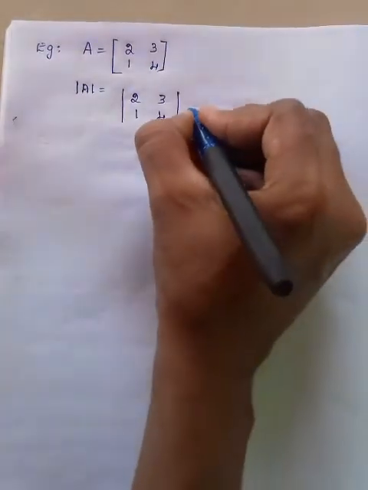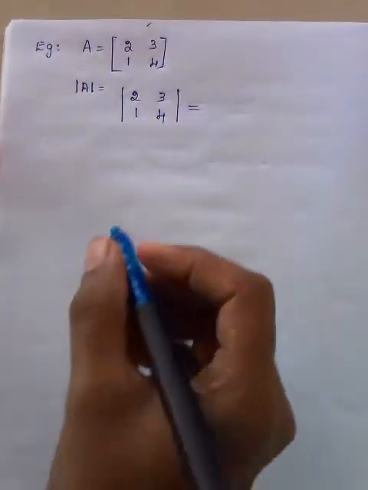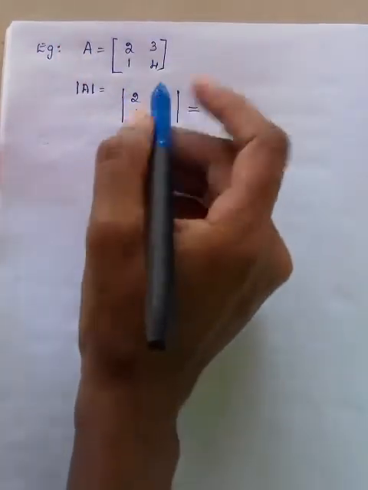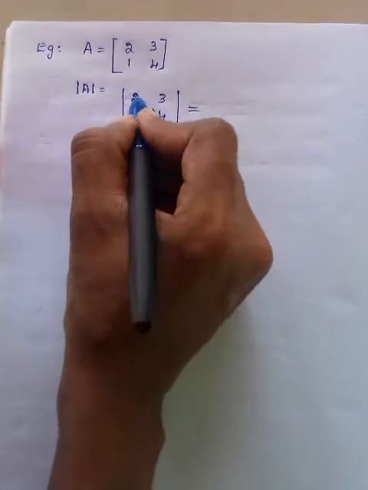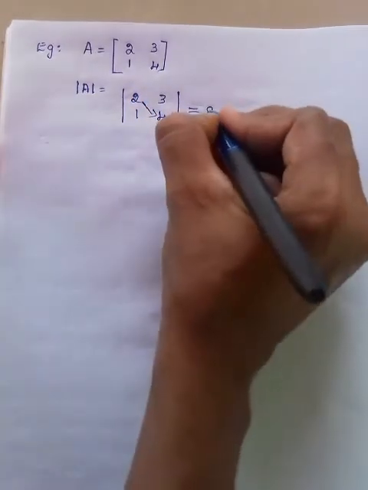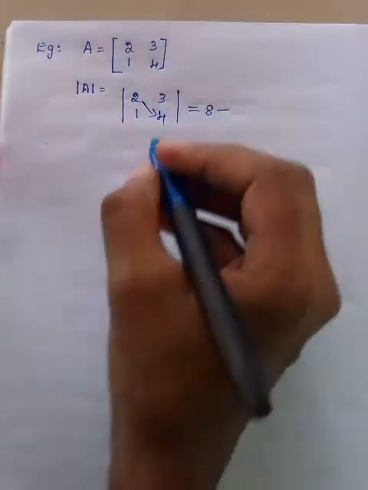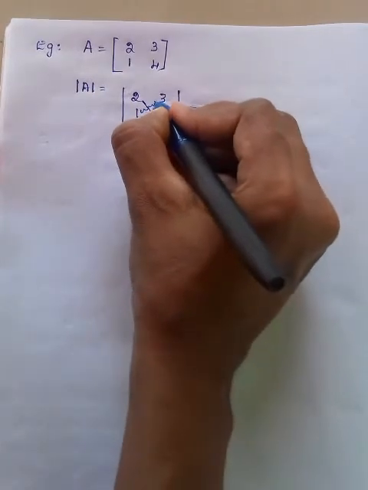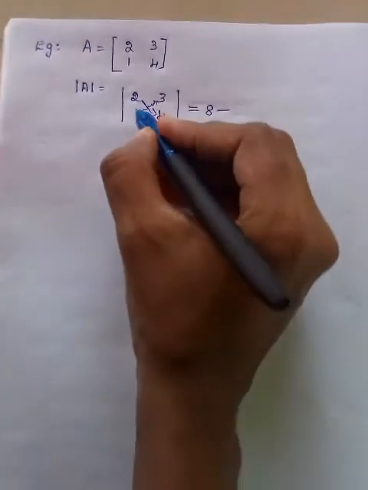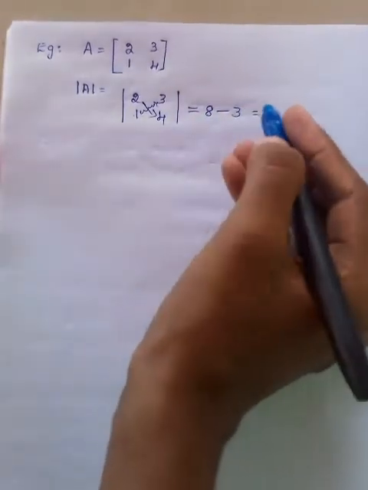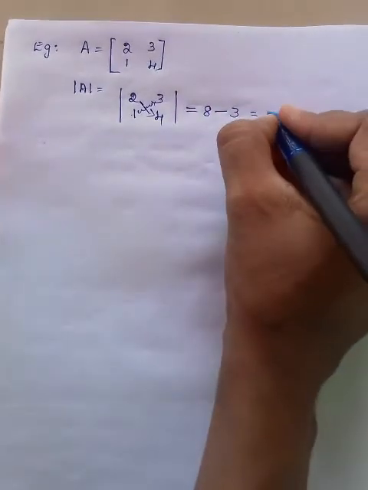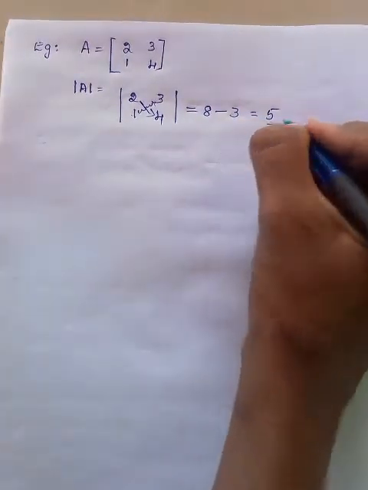Now expand this determinant, that is product of the diagonal element 2 into 4, 8 minus product of the non-diagonal element, that is 1 into 3, 3. 8 minus 3 is 5. That is the determinant of matrix A.